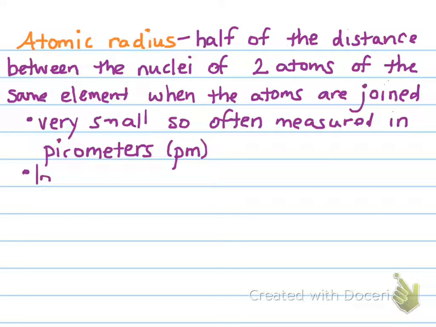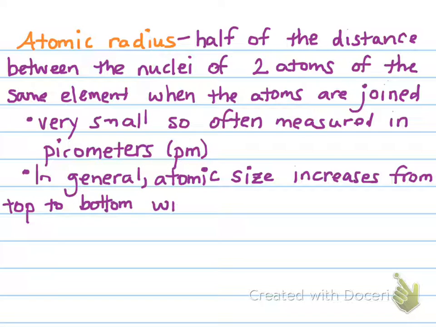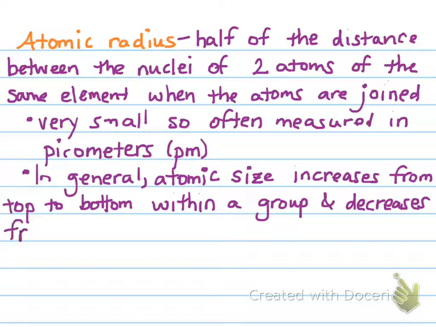And in general, atomic size increases from top to bottom within a group and decreases from left to right across a period.